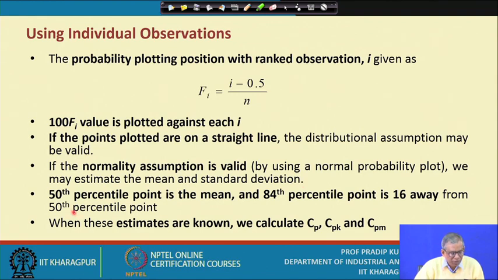The 50th percentile point is the mean, and the 84th percentile point is 1 sigma away from the 50th percentile point. When these estimates are known, we calculate Cp, Cpk and Cpm.